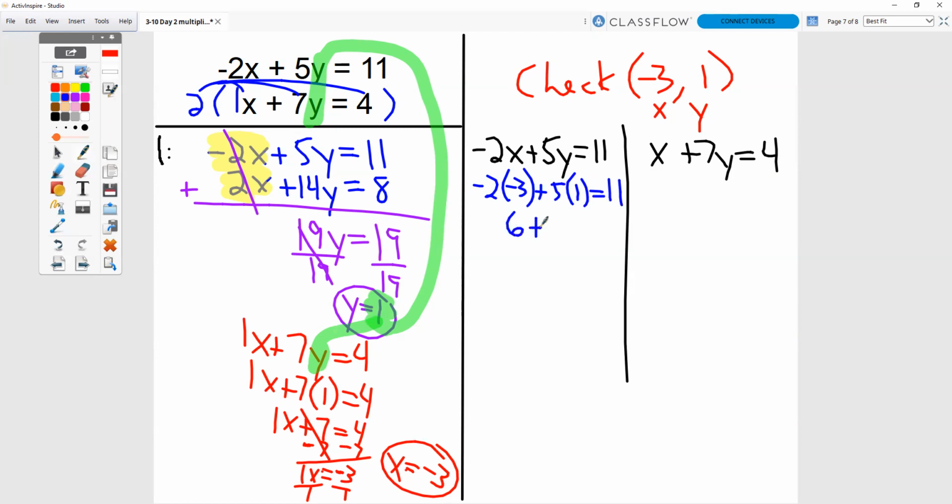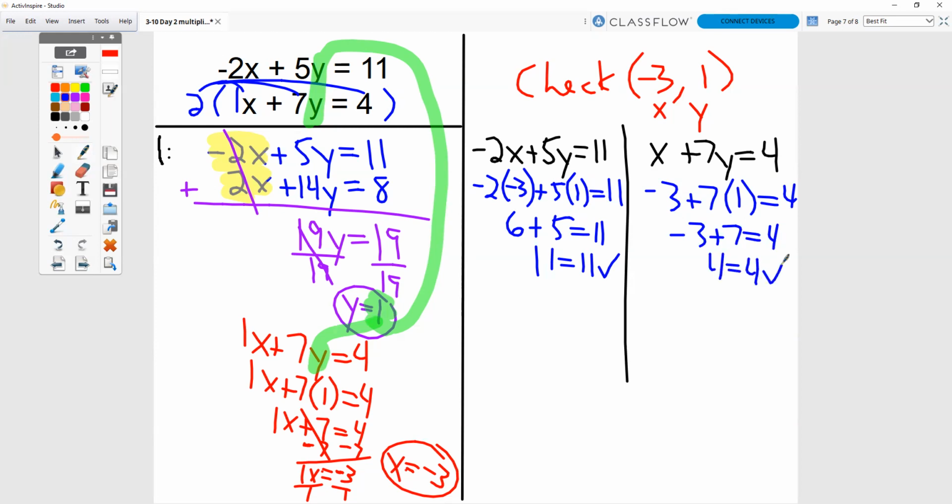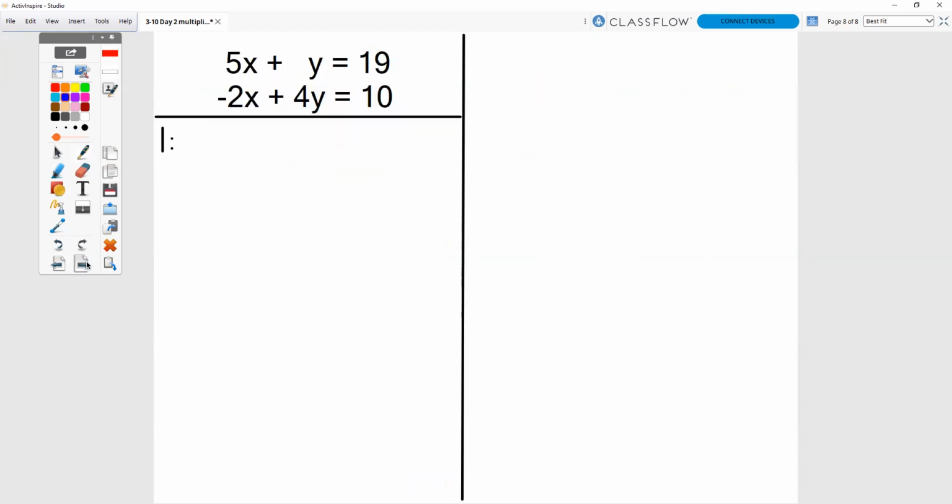So I have 6 plus 5 when I multiply, 11 equals 11 when I add, and that checks. I have negative 3 plus 7 times 1. 7 times 1 is 7. And negative 3 plus 7 is 4, so 4 equals 4. It checks.